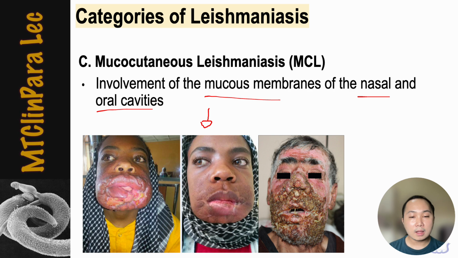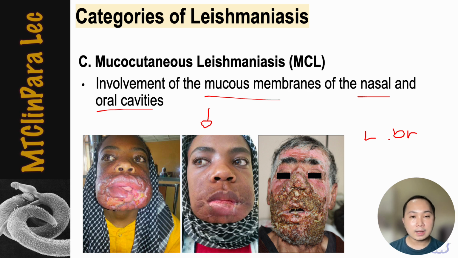The infection is visible to the naked eye, but this particular category is associated with the destruction of the tissue surrounding our nasal and oral cavity. Usually, MCL is associated with the L. brasiliensis complex. Around 2 to 5% of the people infected with L. brasiliensis develop mucocutaneous leishmaniasis.